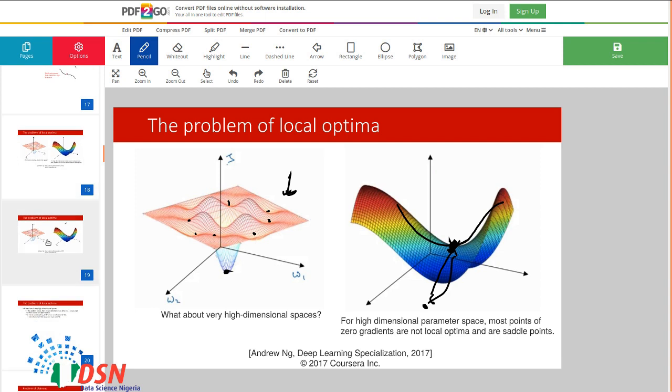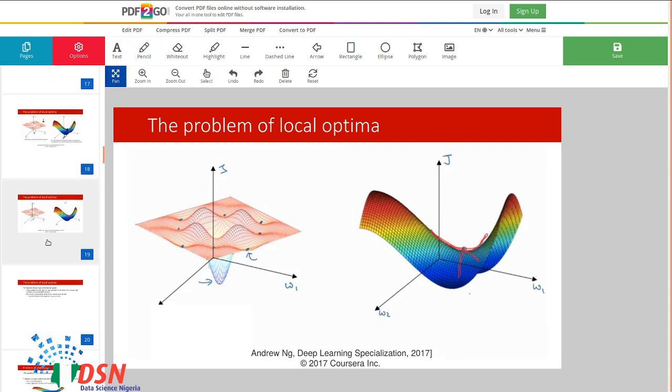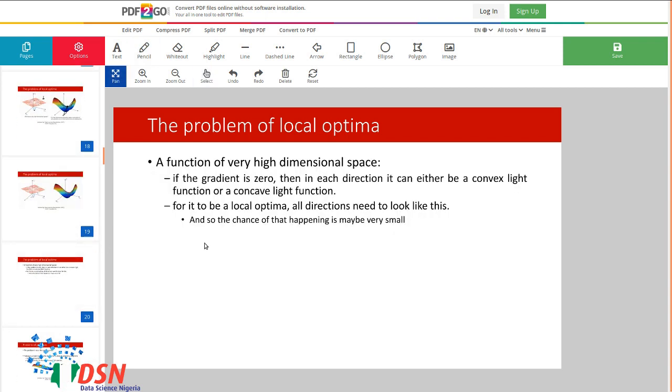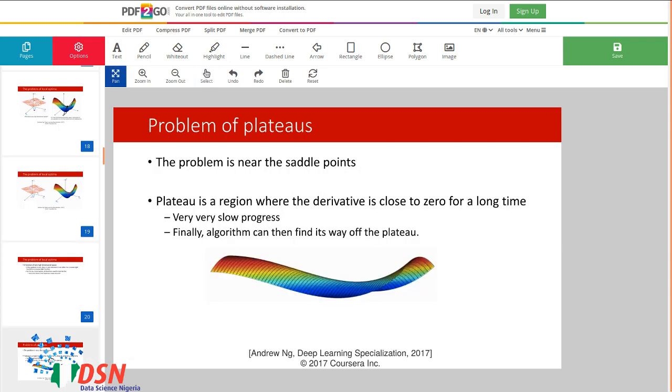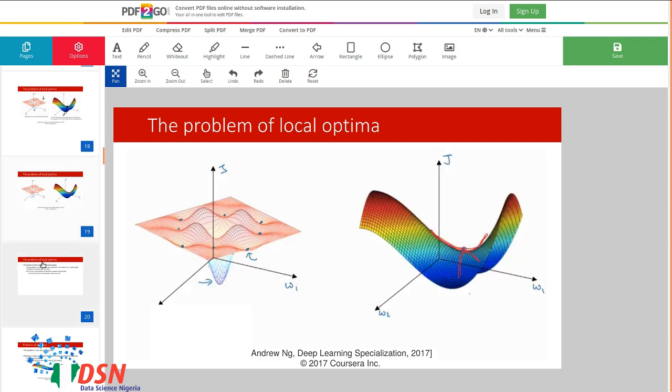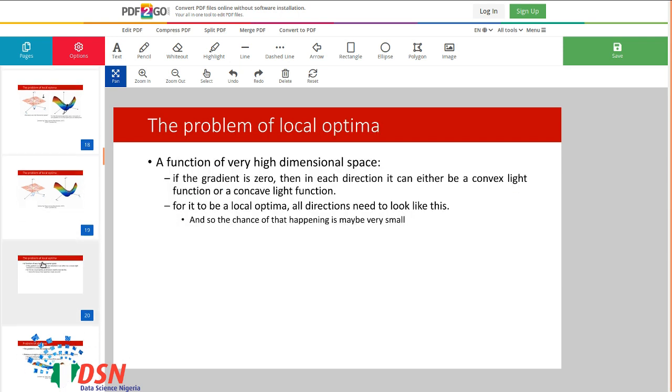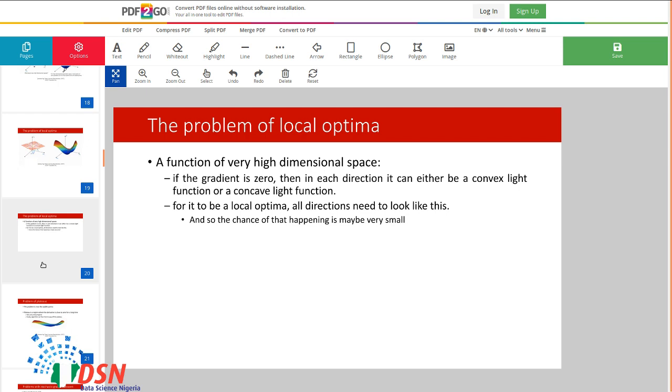In fact, the point is that for neural networks we have lots of saddle points.